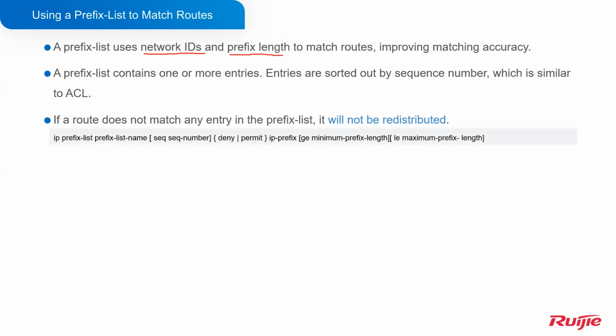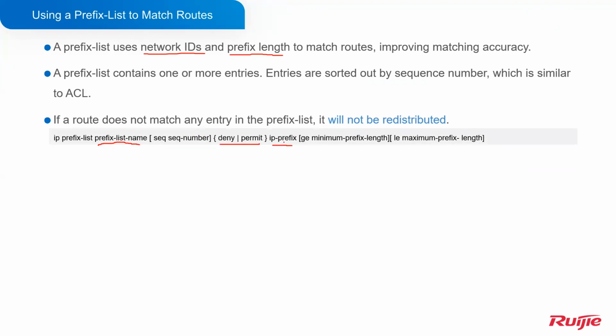So let's see some cases. Firstly, this is the configuration of the IP prefix list. You should set the prefix list name, and you can also use the sequence number, right? And then deny or permit, this is the action. And then the IP prefix.